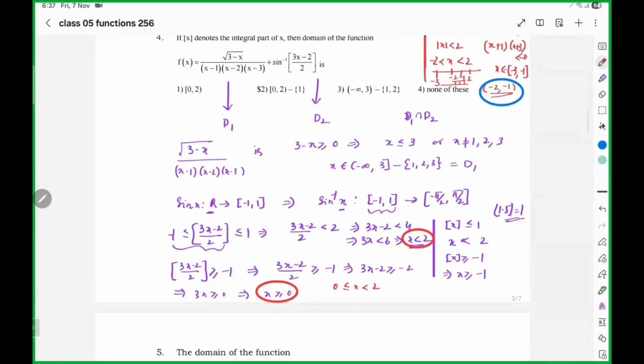So now, how do we find the domain? Since there are two functions involved, one is 0 to 2, and the other is minus infinity, where 0 is included. This is our first domain.